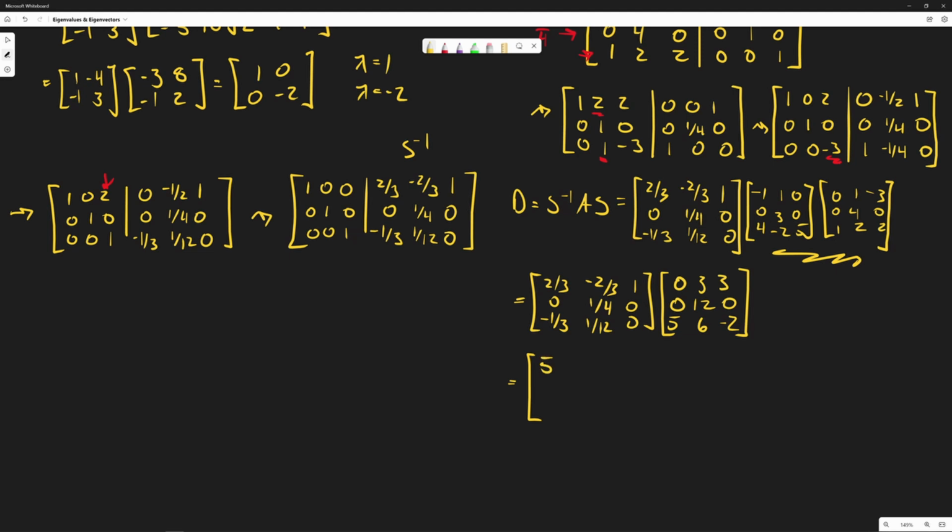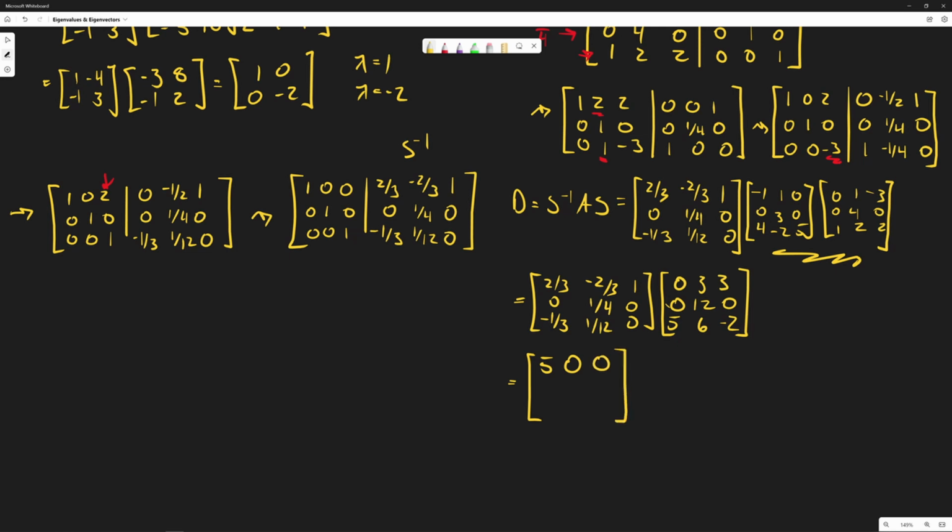And then now we have 2/3 times 3, which would be 2, and then negative 2/3 times 12, which would be negative 8, and then plus 6, so negative 8 plus 6 is negative 2, plus 2, which would be 0. And then for the last one, we have 2/3 times 3, which is 2. And then we have negative 2/3 times 0, which is 0. And then 1 and 2, which would be negative 2. That will cancel out and be 0.